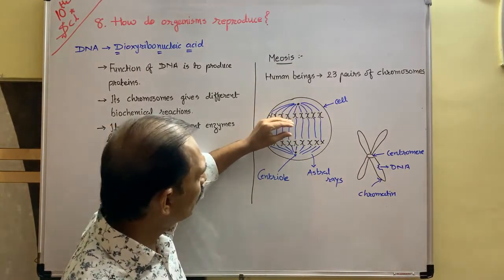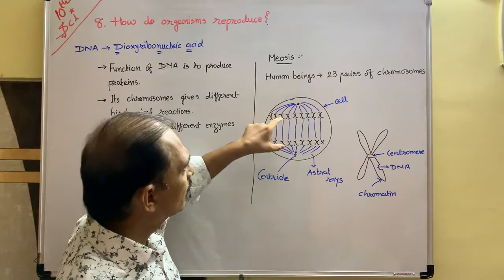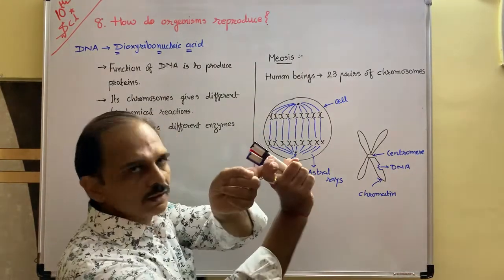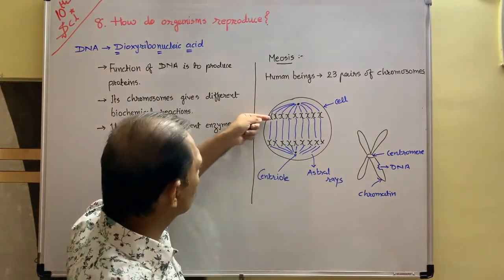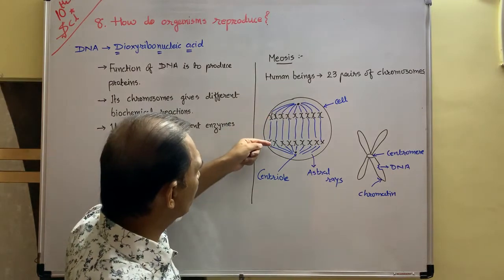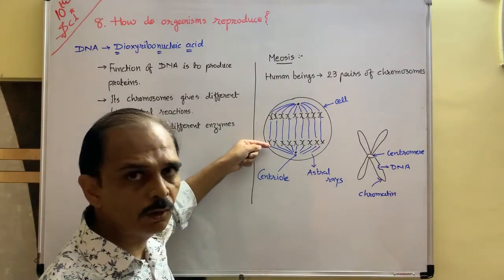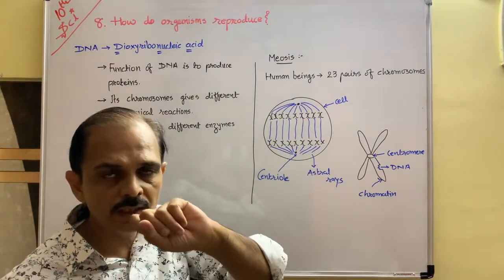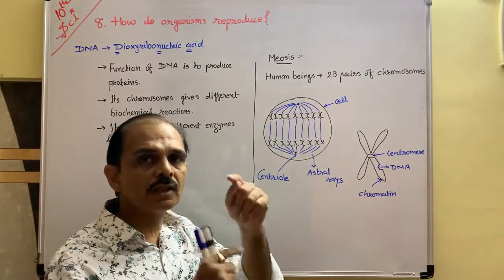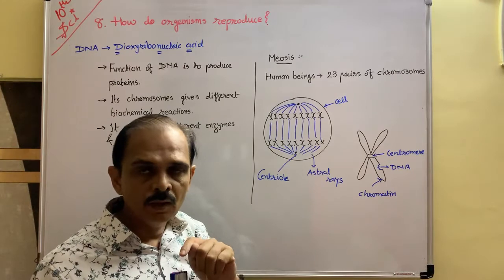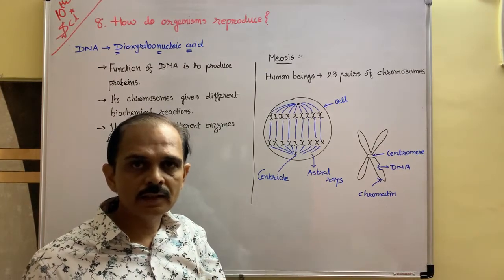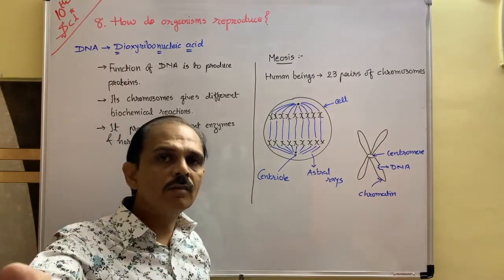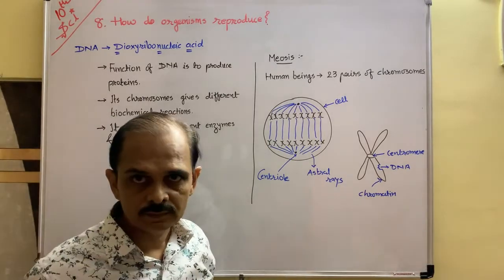When they totally come together, they couple up with each other. Means the father's first pair of chromosomes and the mother's first pair of chromosomes couple up. When they couple up, they exchange characteristics, and new characteristics are formed, new DNA is formed.